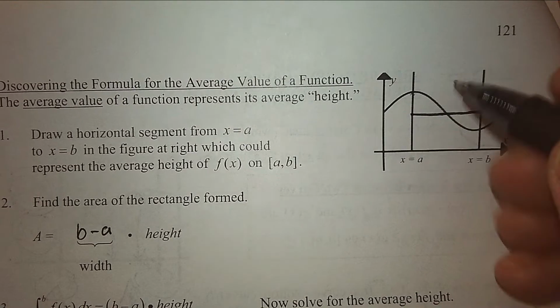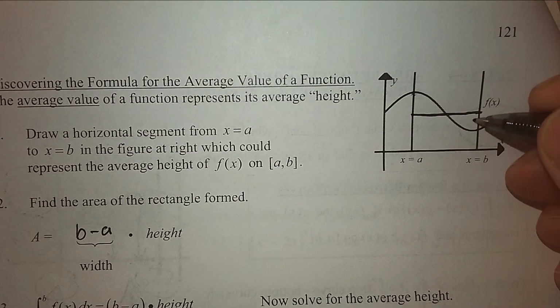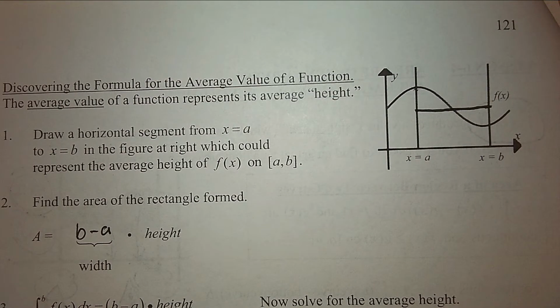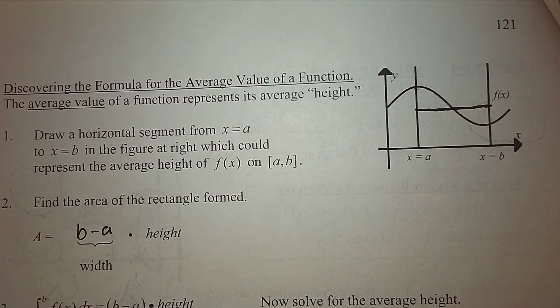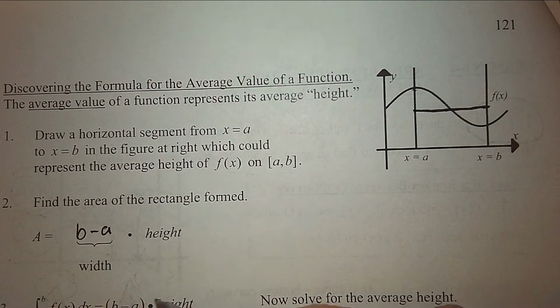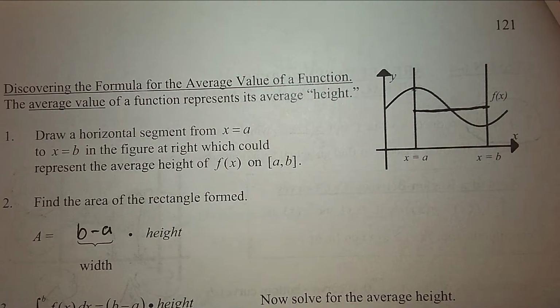So from A to B, how do you find the area of what I just drew? You integrate from A to B, and that's equal to B minus A times the height. So the question is, what do you think the height represents?